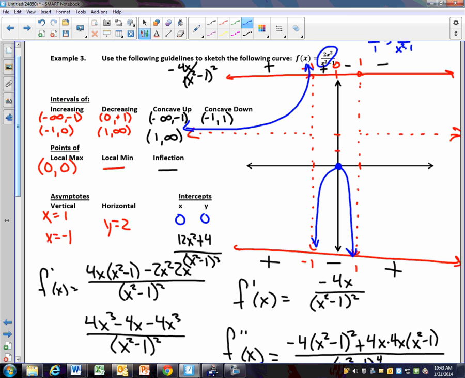And then the last part is concave up, and it's decreasing. Is that going to go on the top or the bottom? Top.